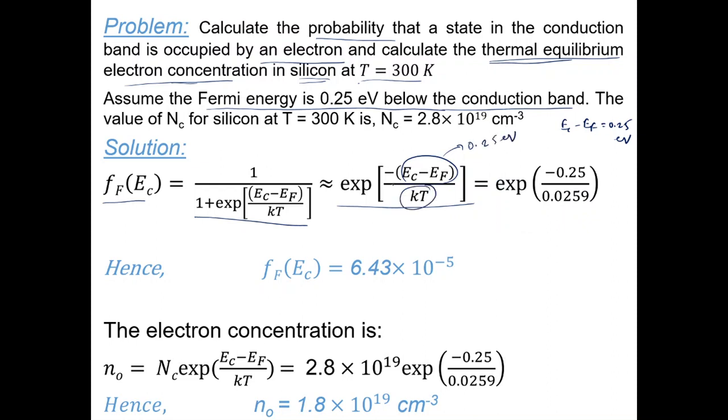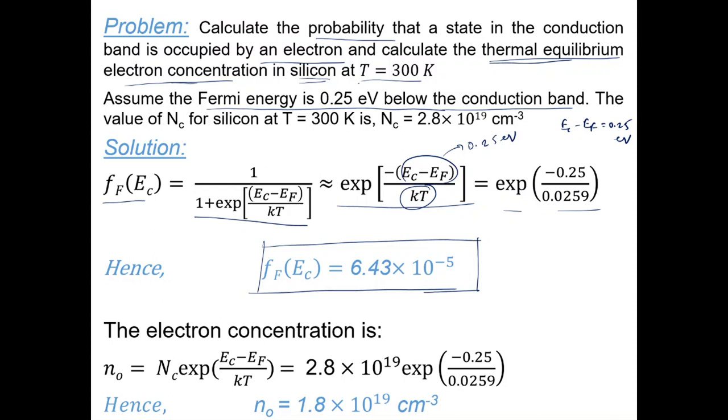You know kT, right? So you can feed all the values here, and what you get is the probability of a state being occupied if the Fermi energy is 0.25 electron volt below the conduction band.